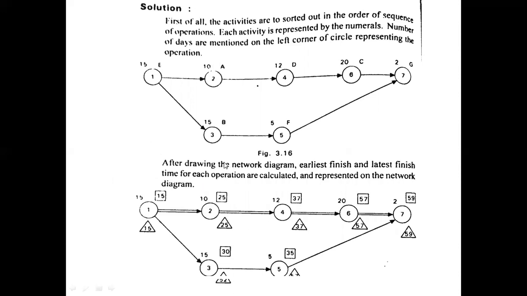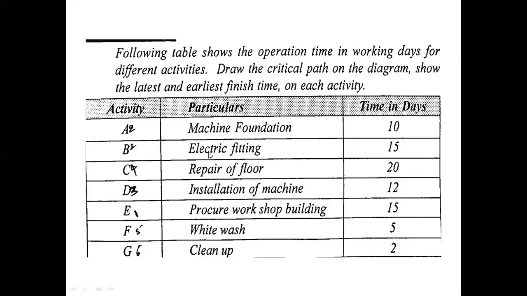And next, in this way, first we have to draw this. And after B, we are going to go for whitewash. Okay. Repair of floor, installation of machine, repair of floor, and whitewash.